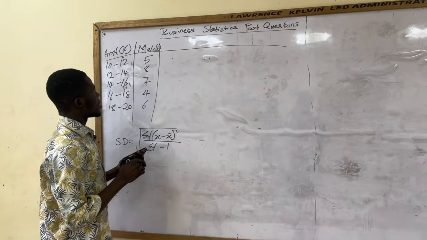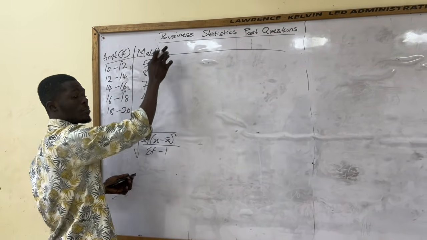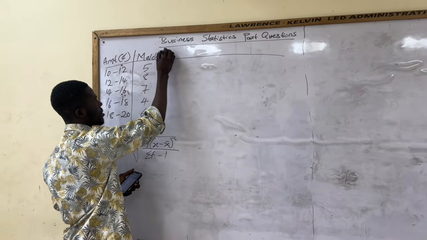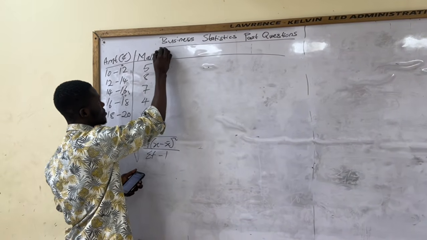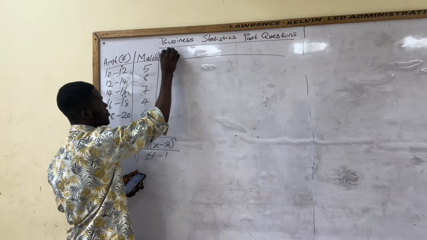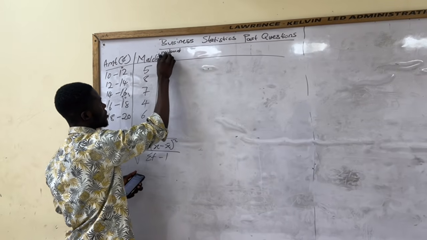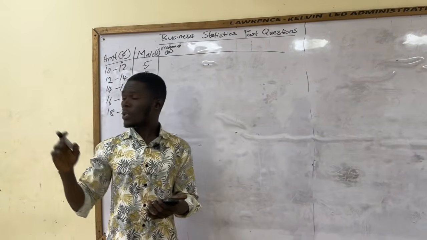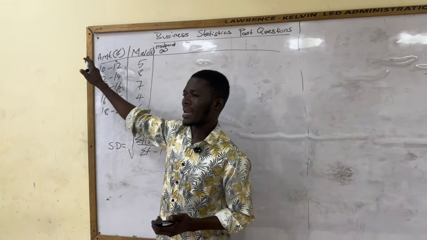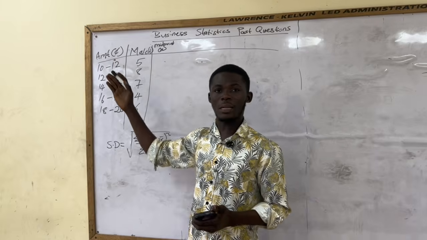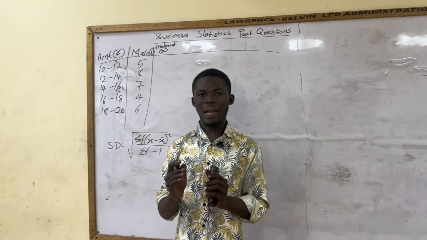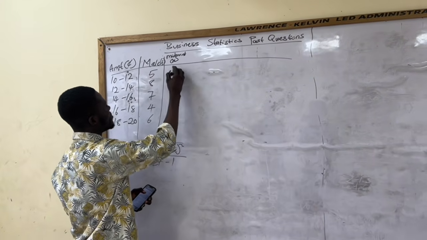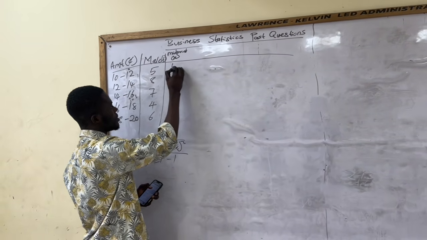So our x is the same as the midpoint, our class midpoint. So I'll state here midpoint, which will be my x. To get your class midpoint, you add the lower class limit to the upper class limit, then divide by 2. The answer is your x. 10 plus 12, 22 divided by 2, you get 11.